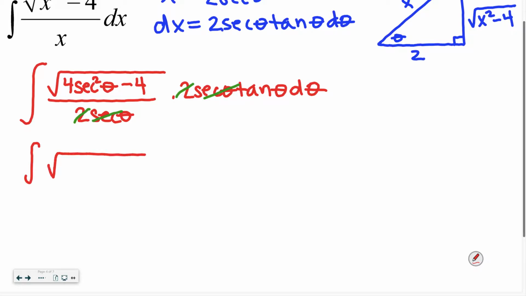of the square root. We know we're going to need to factor out this 4. So then it's tangent squared.